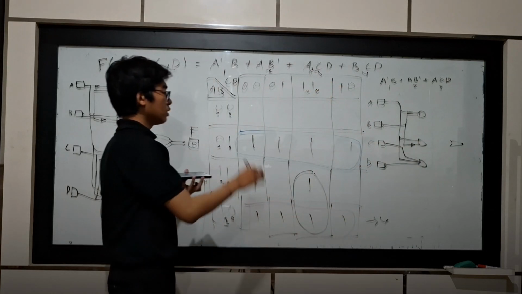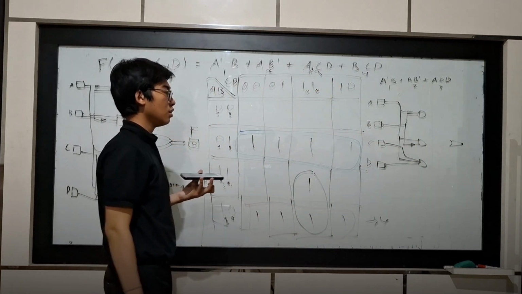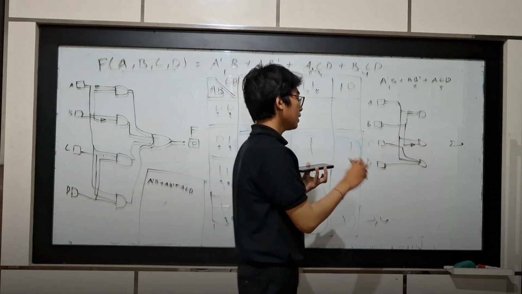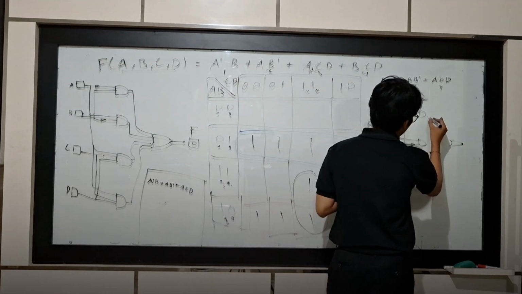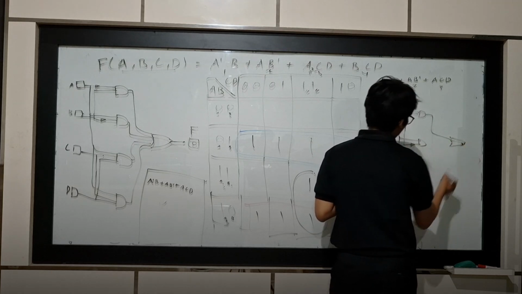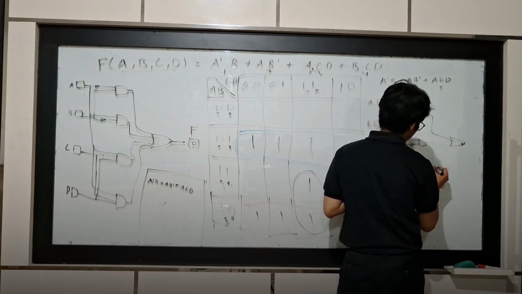We have to complete the connection of the inputs to the AND gates, and then we must connect all of these AND gates to the OR gate. So it's like this.